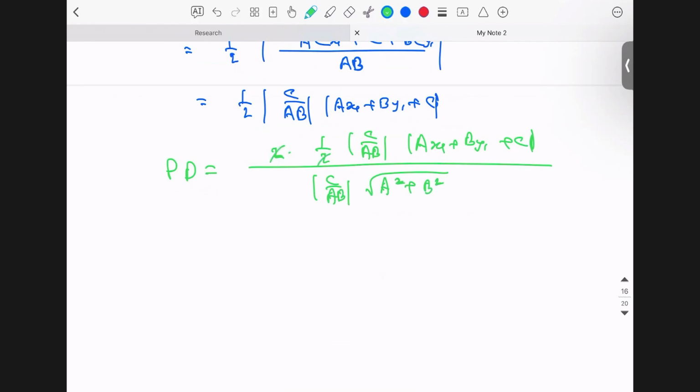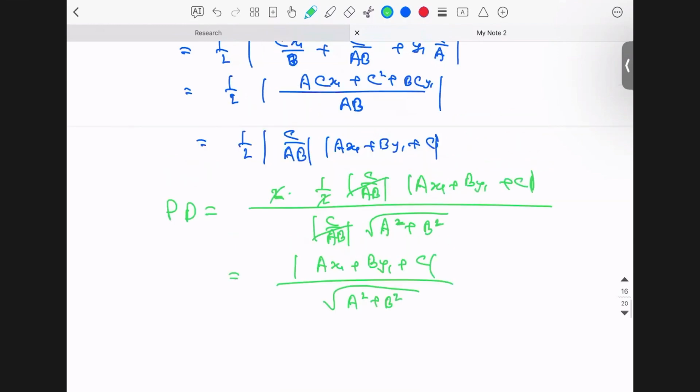So we cancel it. Ultimately we get mod of Ax1 plus By1 plus C divided by root over A square plus B square.